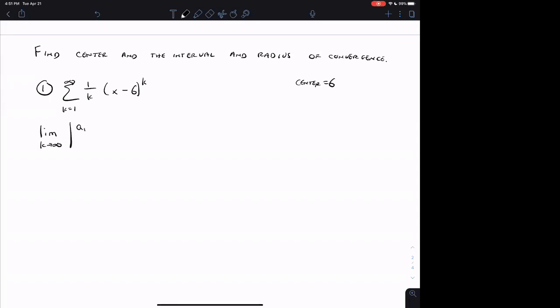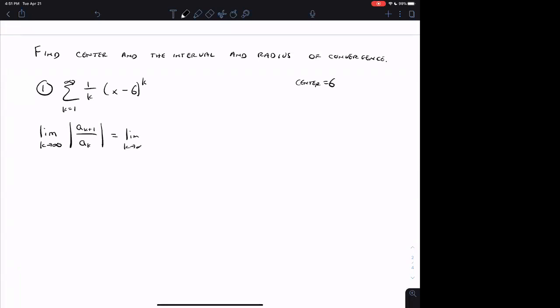So we look at the limit as k approaches infinity of the absolute value of a_(k+1) divided by a_k. The reason that's a good idea is that we said yesterday we use the ratio test when you have exponentials where the base is not 1 or negative 1. Well, (x minus 6) to the k is an exponential where the base is probably not 1 or negative 1. So that's why the ratio test is a good call.